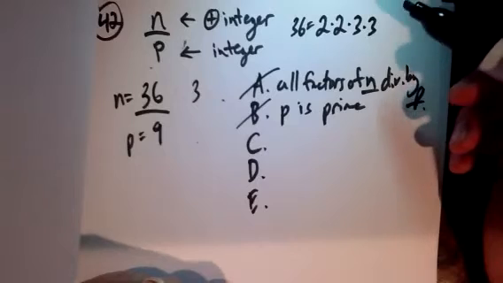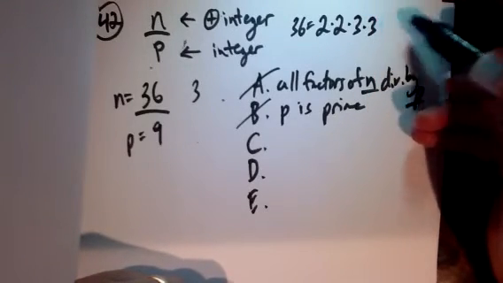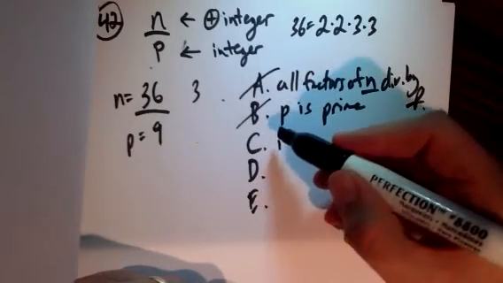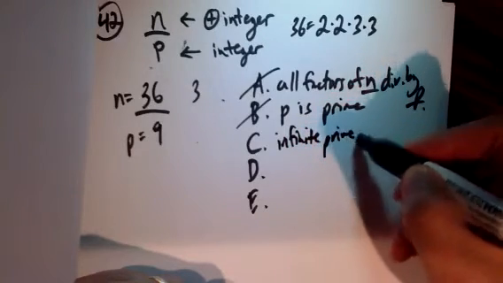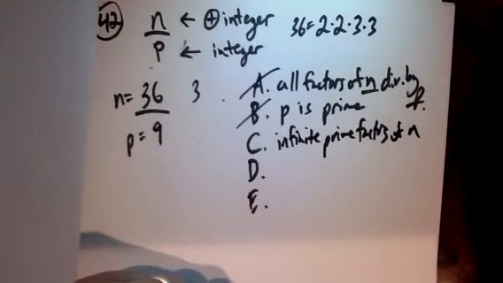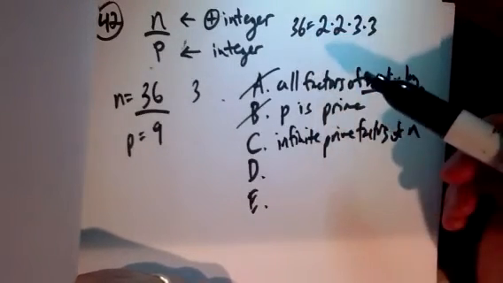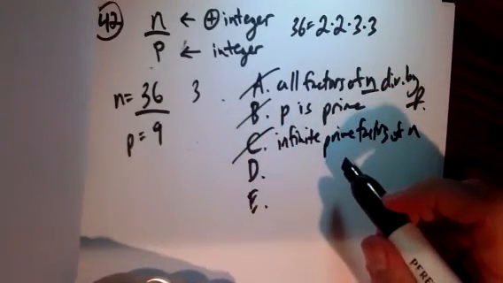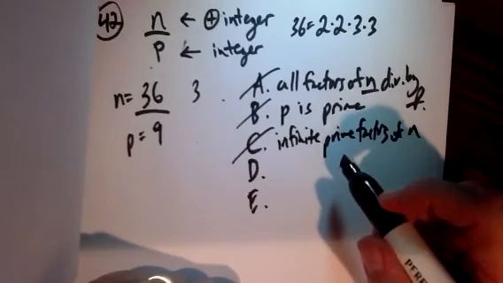Now, I think what they're trying to get you to say is that, well, 1 is a prime number, and you keep multiplying by 1, and it's infinite prime factors of n. But the thing is, 1 is not a prime number. The first prime number is 2. So C is out.